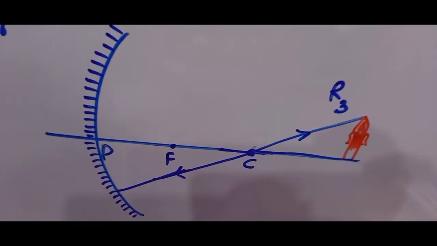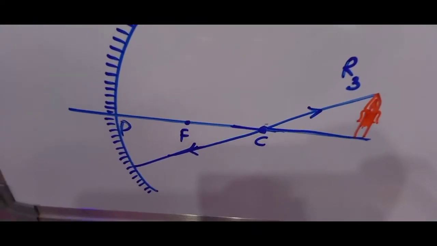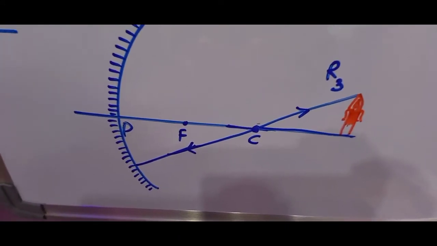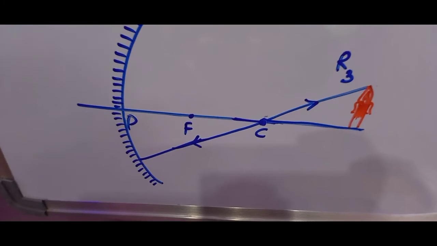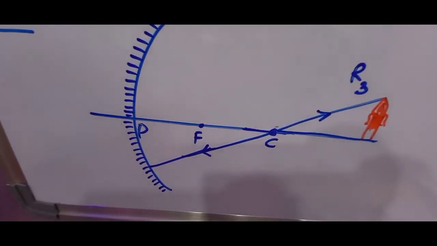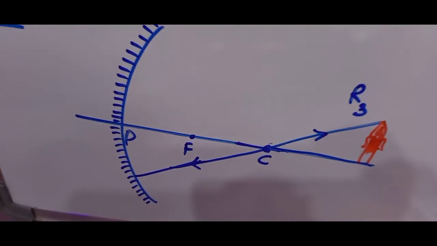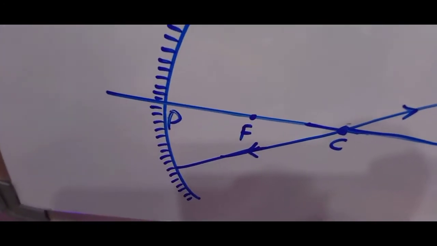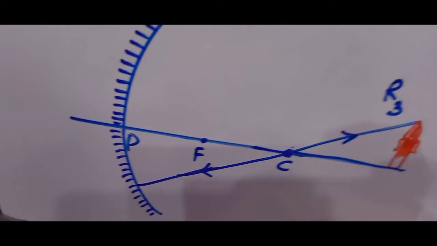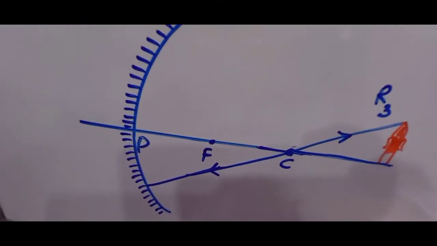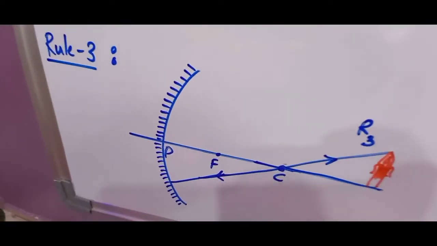So when the light ray is incident along the normal, the reflected ray will also go, after reflection, in the same line but in the opposite direction. I have shown you here two arrow marks, one in that direction and another in this direction. This one indicates the incident ray, and this arrow indicates the reflected ray, and both of them should be shown on one particular line only.